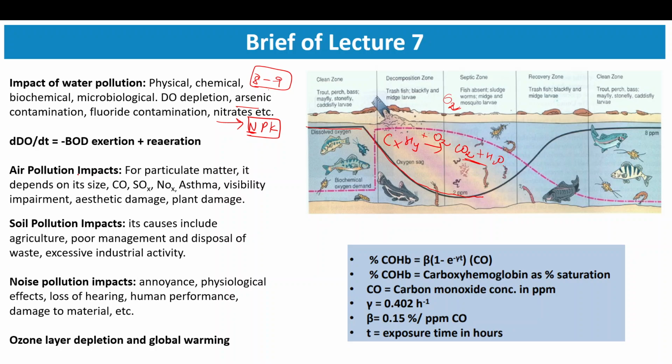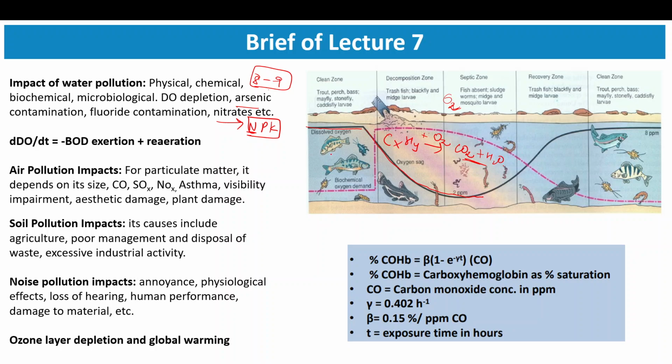Now, if we talk about air pollution impacts, as I discussed in the previous slide, air can have particulate matter and various gaseous contaminants in the form of carbon monoxide, dioxide, various SOx, NOx. So there could be asthma. For example, if NOx is present, it has the tendency to react further with other contaminants present in air.